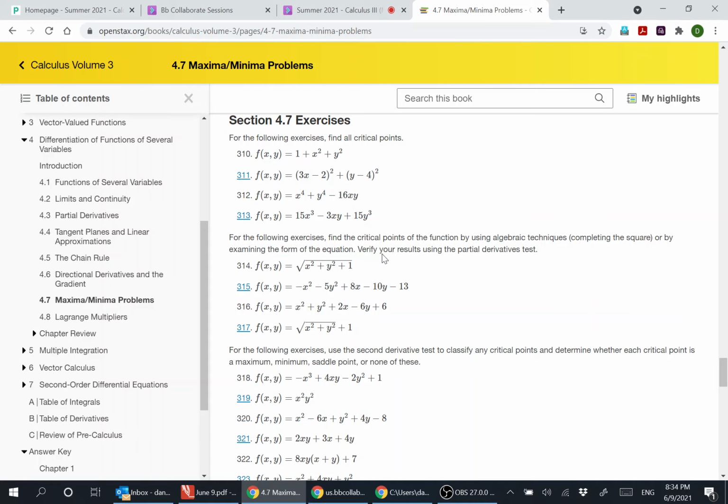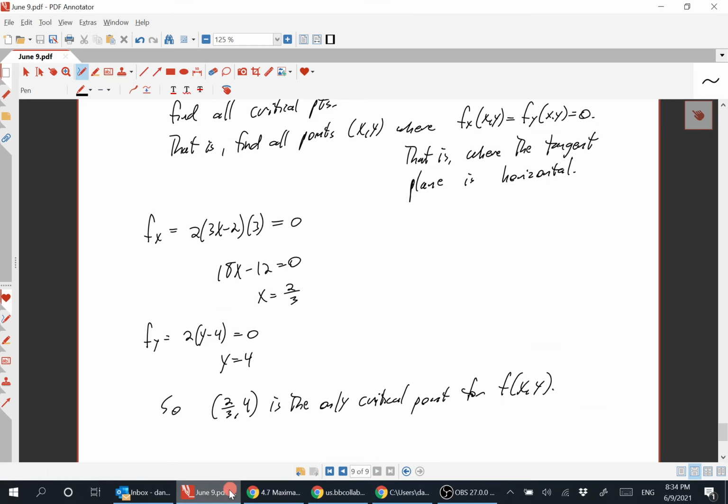Verify your results using the partial derivative test. Take the partial derivatives and just plug them in. Anyway, so this function here is the square root of x squared plus y squared plus 1.